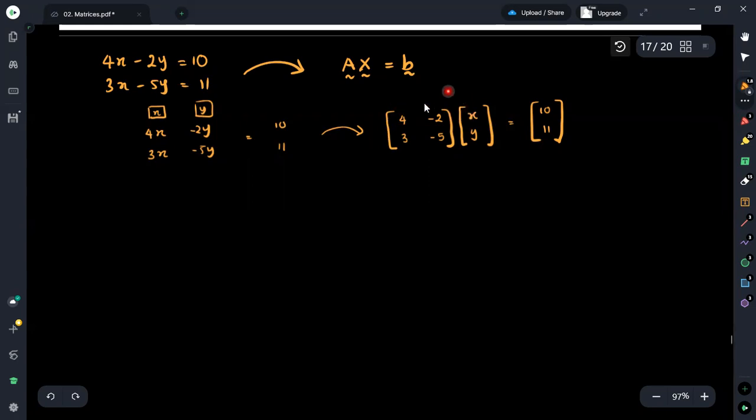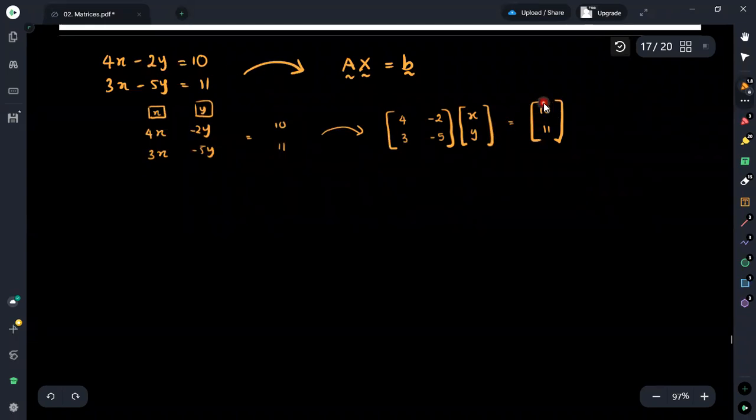To check whether it is correct, you have to multiply this bracket. Multiplying the first row with the first column, it is 4 times x plus -2 times y. It gives 4x minus 2y, and the first value is equal to 10.